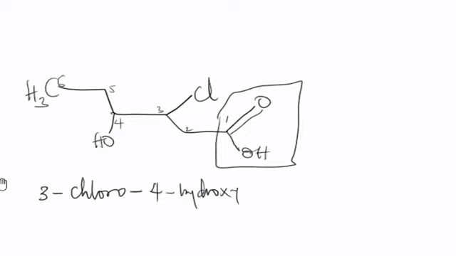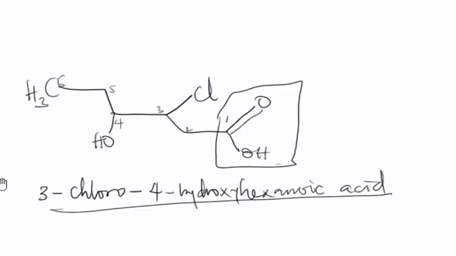Now this is a 6-carbon alkane, which is simply a hexane. In this case, it has a carboxylic acid group, so I call it a hexanoic acid. So this is the name for this compound. Alright, so I'll go ahead and see the next rule.